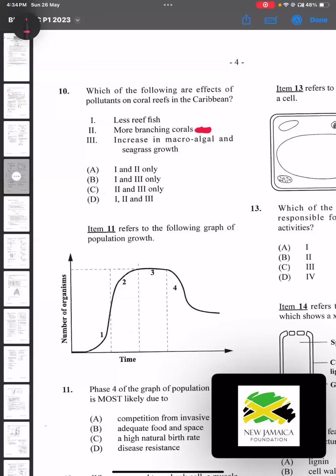I said D in the answer, then I said B. I had D as my answer because I'm not exactly sure, while pollution would introduce certain things, that it would necessarily have that result of giving you a specific type of coral on the reef. So in this case, I would have gone with B as my answer because I feel like it would have been the safest answer.